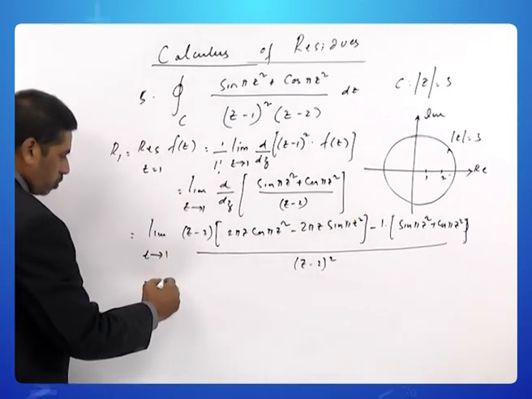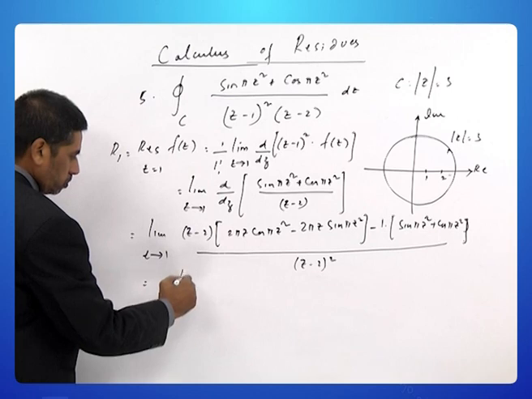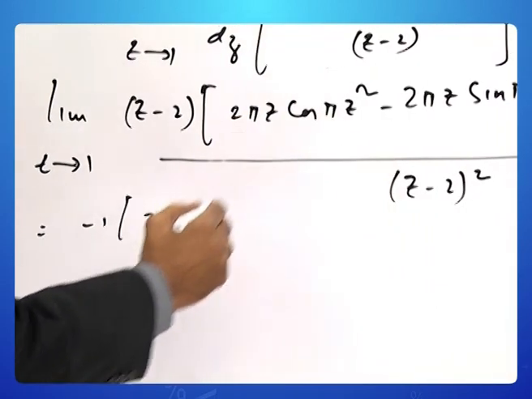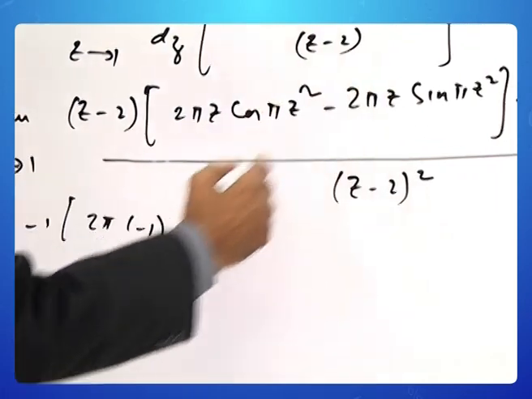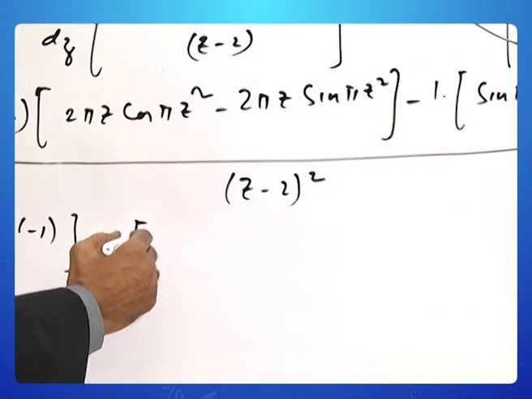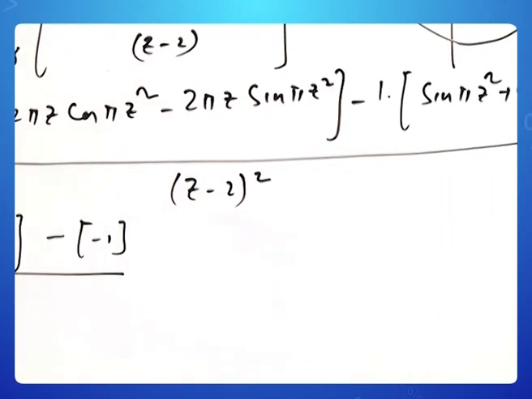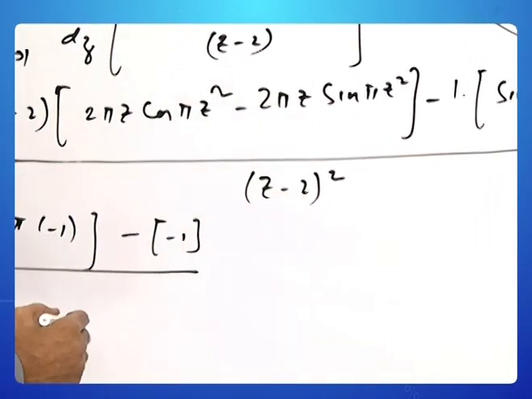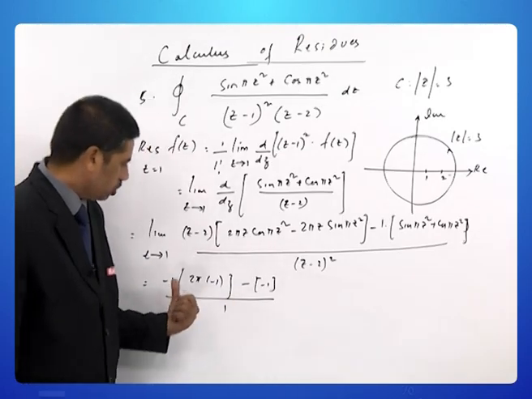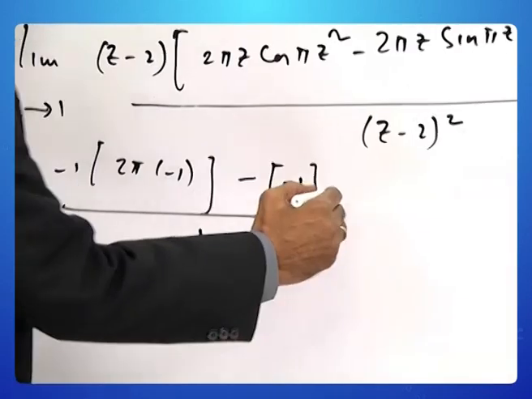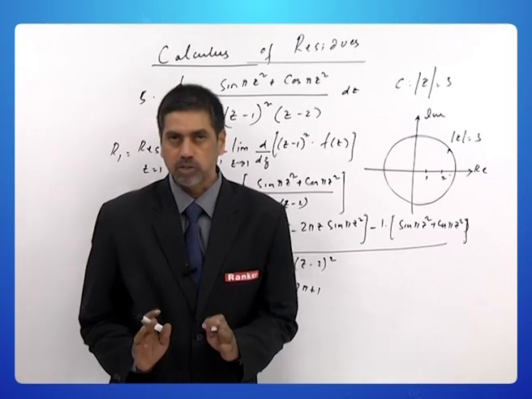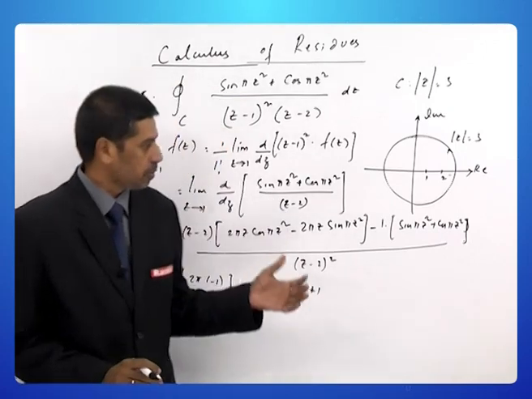So, when you put z is equal to 1, you get minus 1 into 2 pi into cos pi is minus 1, this is 0, not required, minus of again cos pi is minus 1, divided by (1 minus 2) whole square is 1. So, you will have 2 pi plus 1.